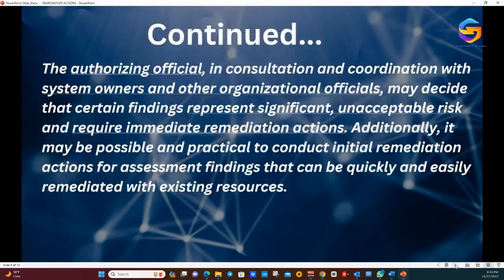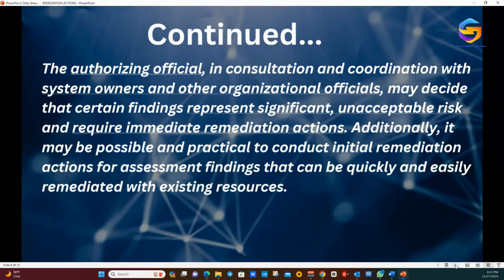The authorizing official, in consultation and coordination with the system owners and other organizational officials, may decide that certain findings represent significant unacceptable risks and require immediate remediation actions. Additionally, it may be possible and practical to conduct initial remediation actions for assessment findings that can be quickly and easily remediated with existing resources.